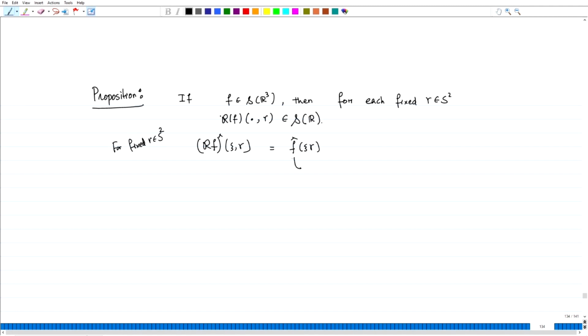Remember that this f hat is the 3-dimensional Fourier transform, and the other Fourier transform is one dimensional.